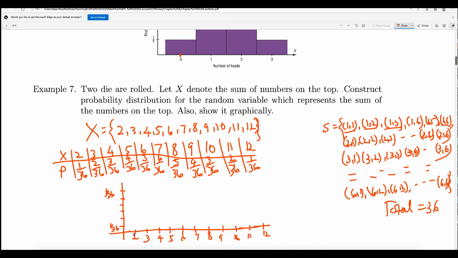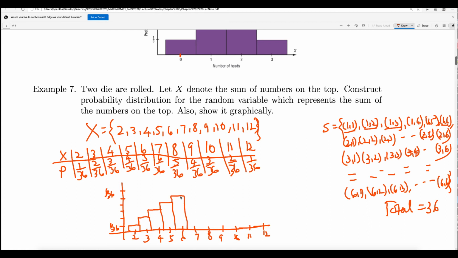So I want to make this 2 in the middle, with a bar of height 1 over 36. Another one is 2 over 36, you draw it like this. Another one is 3 over 36, then 4 over 36, and then 5 over 36.